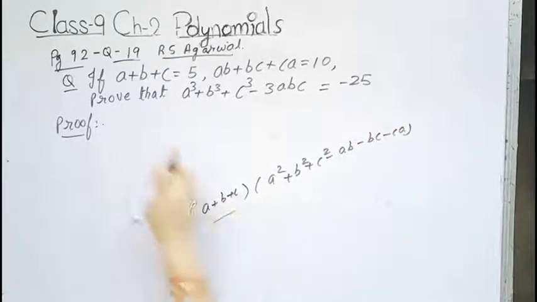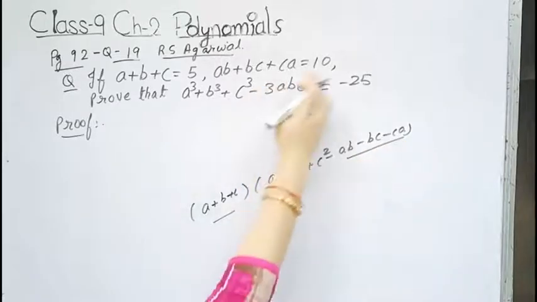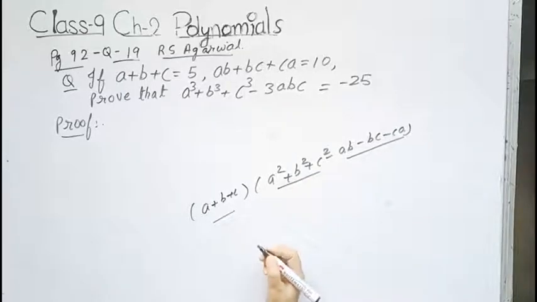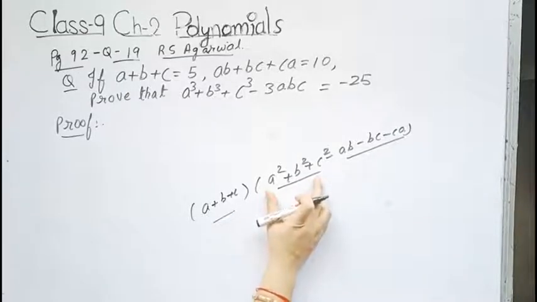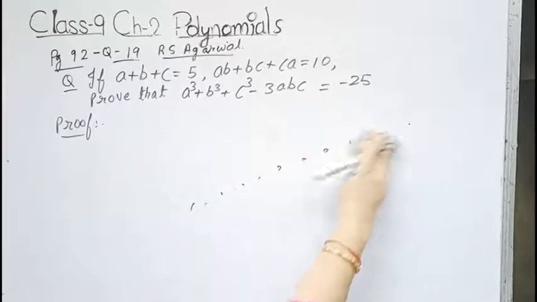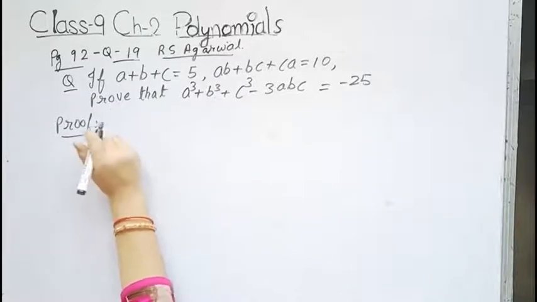Now this value is given over here as 5. This ab plus bc plus ca value is given as 10, but we don't know the value of a square plus b square plus c square. So first we need to find the value of a square plus b square plus c square, which we can find by squaring the given value of a plus b plus c. So we will start with the proof.